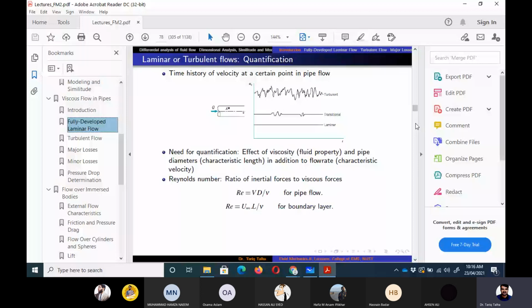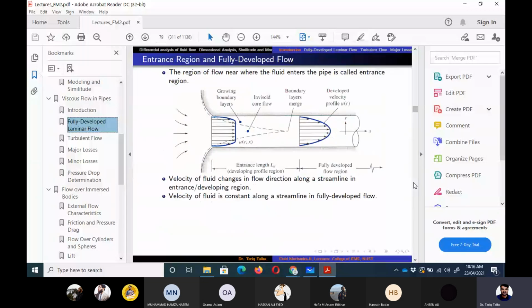It depends upon the Reynolds number value. If the Reynolds number is less than 2100, the flow would be laminar. If it is greater than 4100, it would be turbulent, and in between these two ranges, it would be a transitional flow.